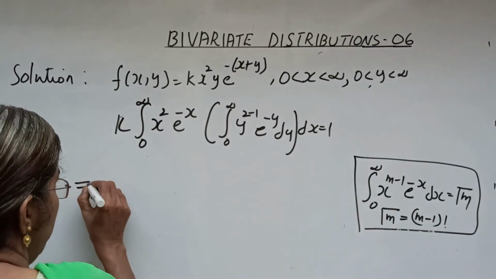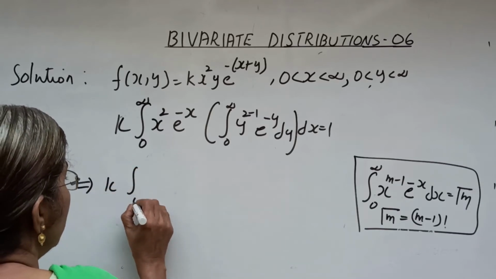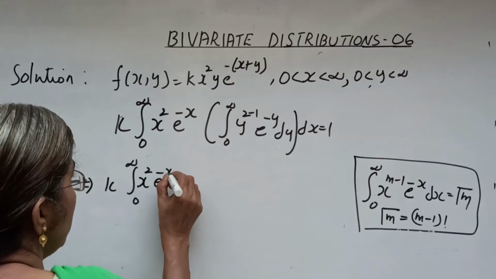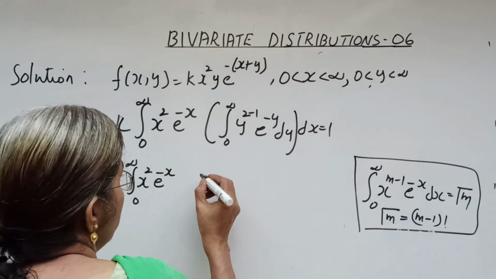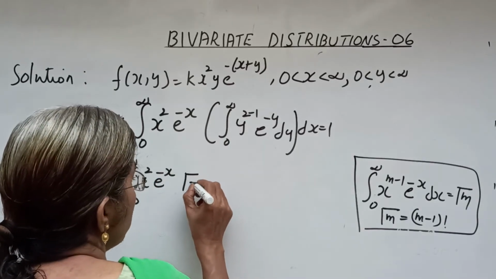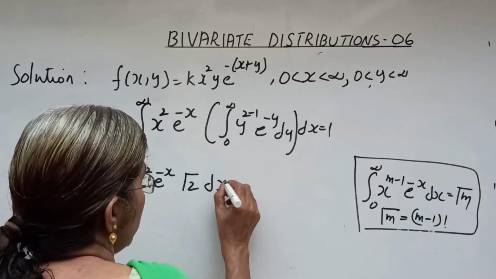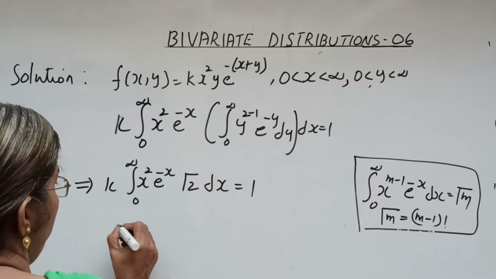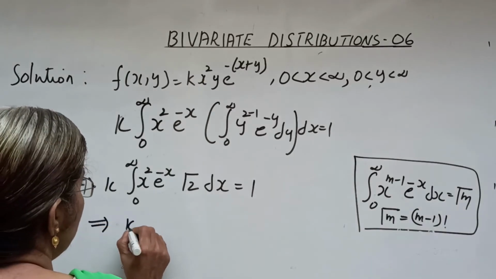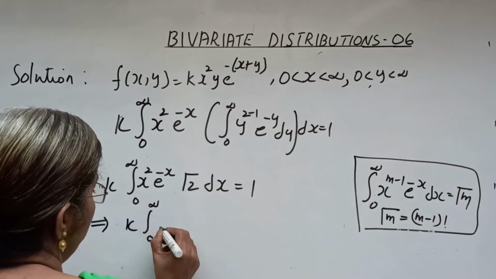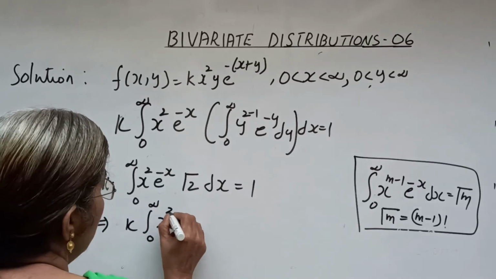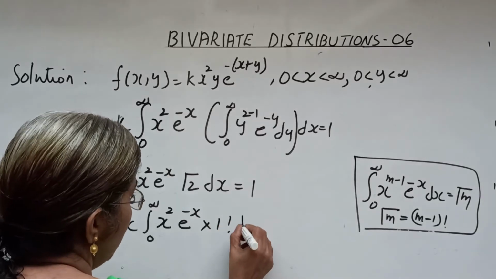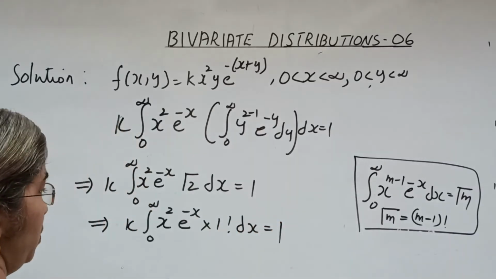So this implies k into integral 0 to infinity x square e raised to minus x into gamma 2 into dx equal to 1, which implies gamma 2 is 1 factorial, implies k into integral 0 to infinity x square e raised to minus x into 1 factorial into dx equal to 1.